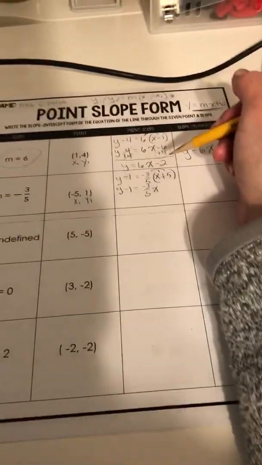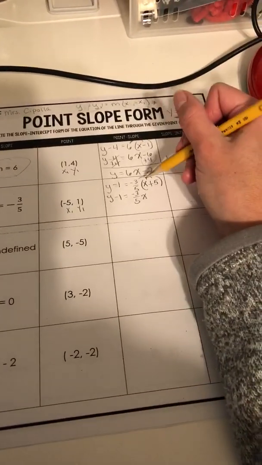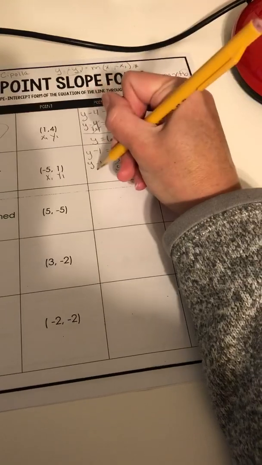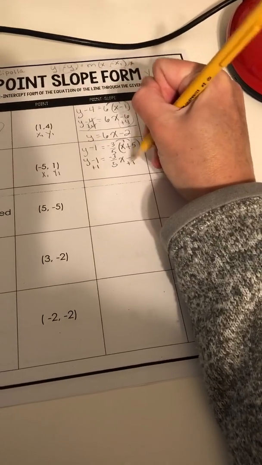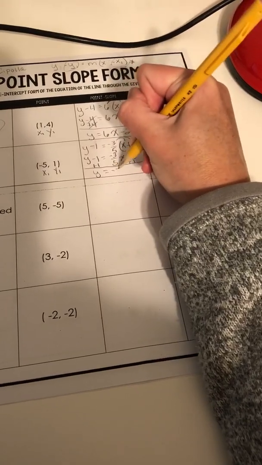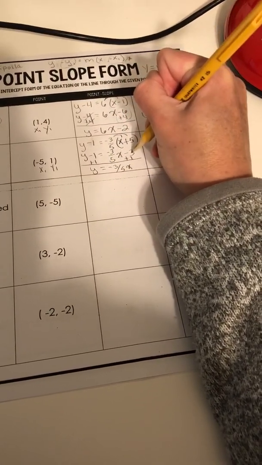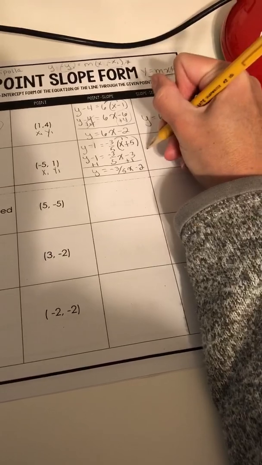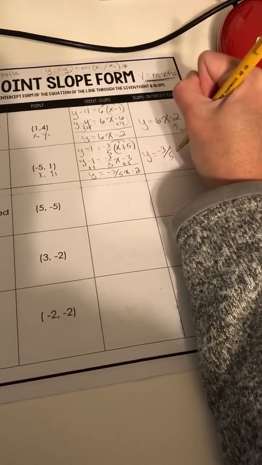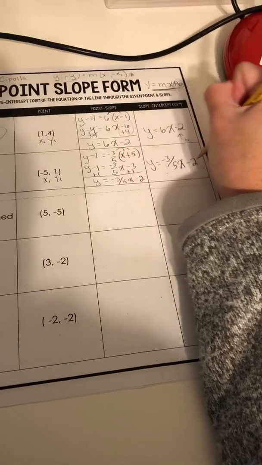Negative 3/5 times 5. If you would like to use a calculator, please feel free to do that. But that would be negative 3. All right, got to add the 1. So we get y by itself. That's the whole idea. Negative 3/5 x, and negative 3 plus 1 is negative 2. My equation in slope-intercept form is y equals negative 3/5 x minus 2.